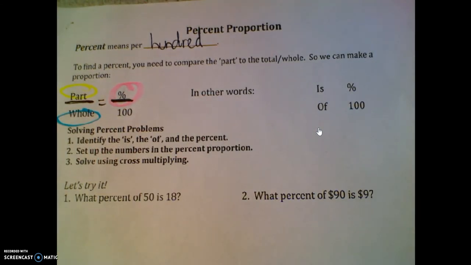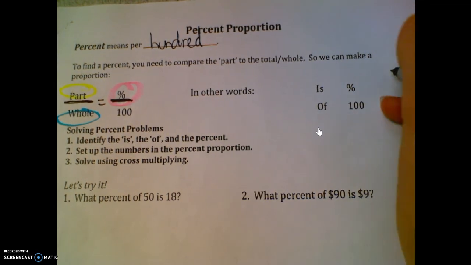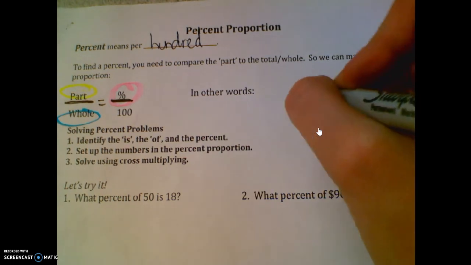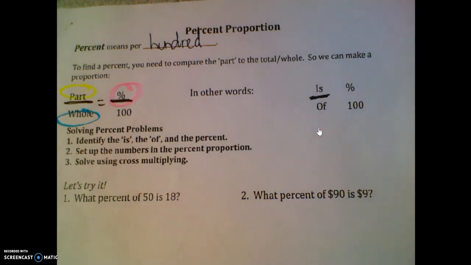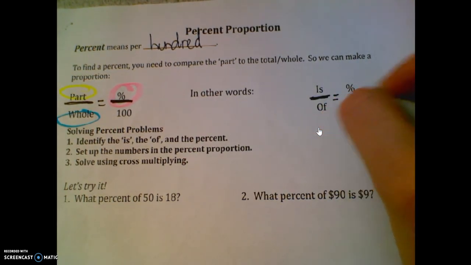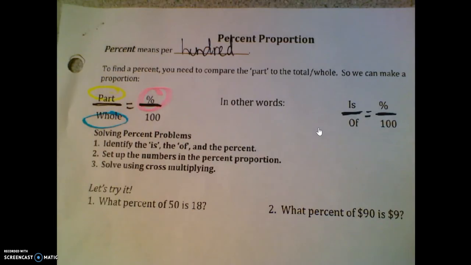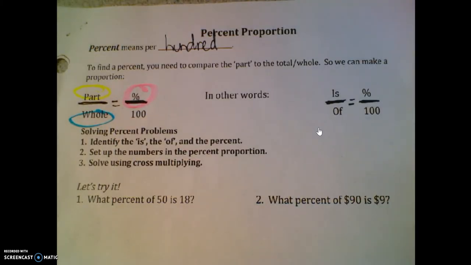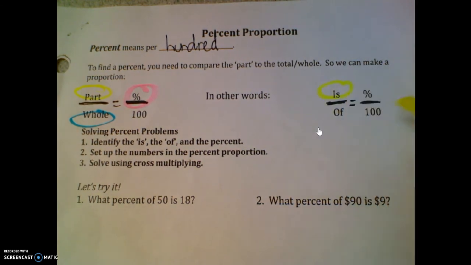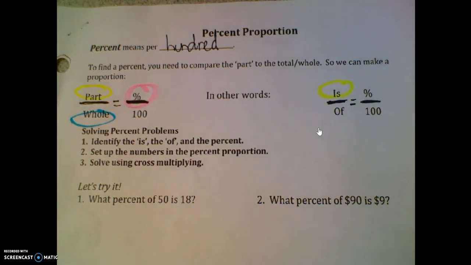There's another way that you can think of this, and the way people remember it a lot of times is the is compared to the of: is over of equals the percent compared to 100. The reason this makes sense is because let's say I had a quiz and it was out of 50 points, and I found out that I got a 45. 45 is the part that I got correct. It is how many I got right.